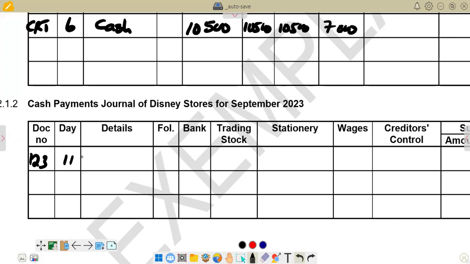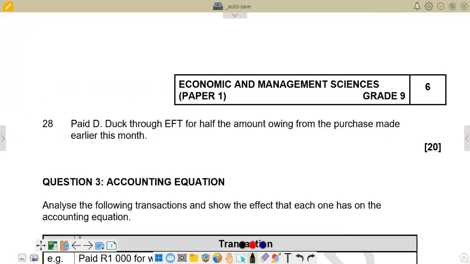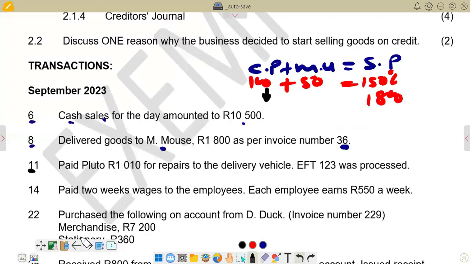And then details, we can just try to go back and try to verify those details. We come here, you see that our document number is here, EFT123. That's the one that we put at document number. Then what details? We are paying Pluto. So Pluto is going to be what we put under details.